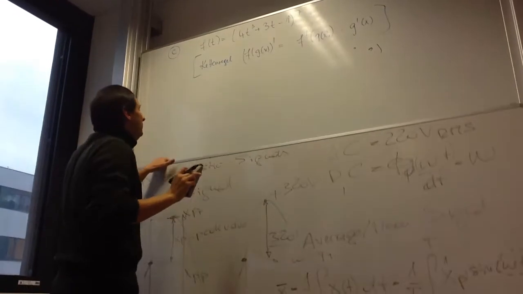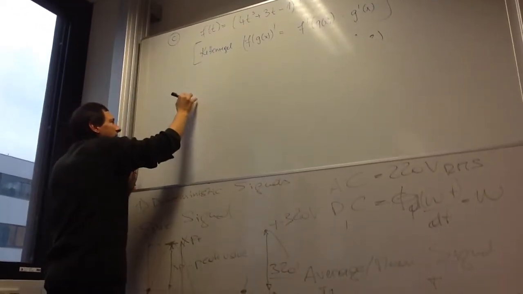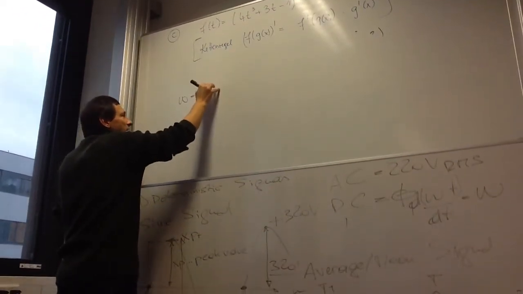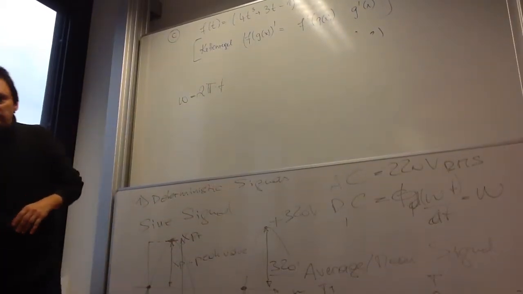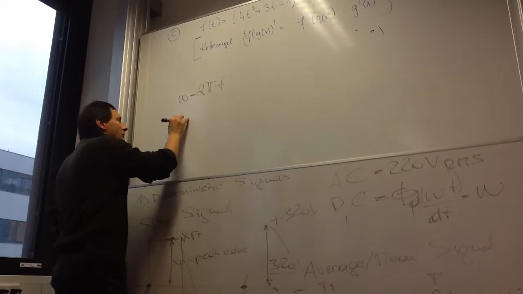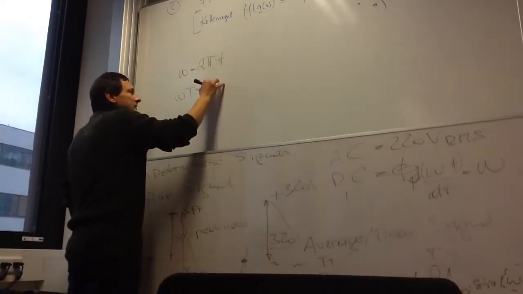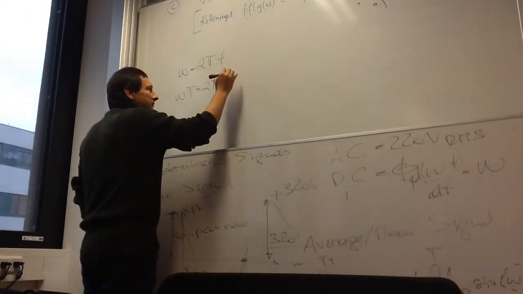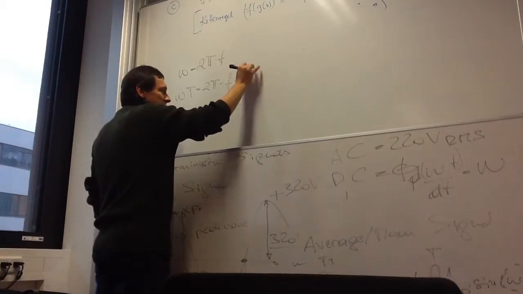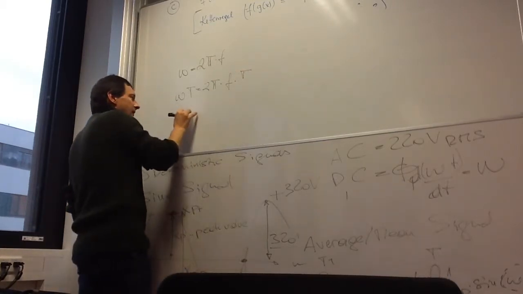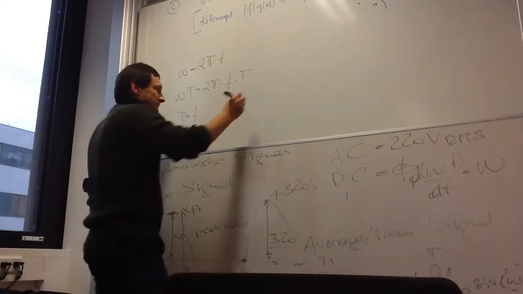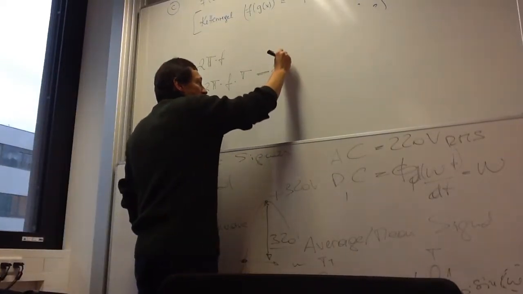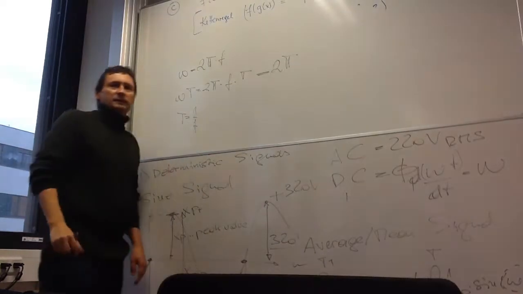Let's stick to the other one. So omega is equal to 2 pi times f, and omega t is 2 pi times f times t. What is T? T is 1 divided by f, so f times T is equal to 2 pi.